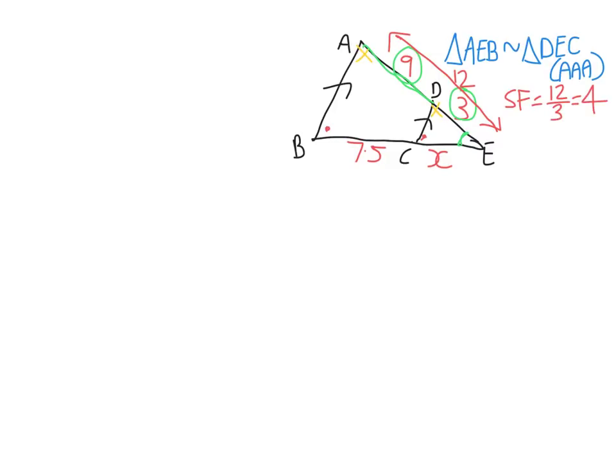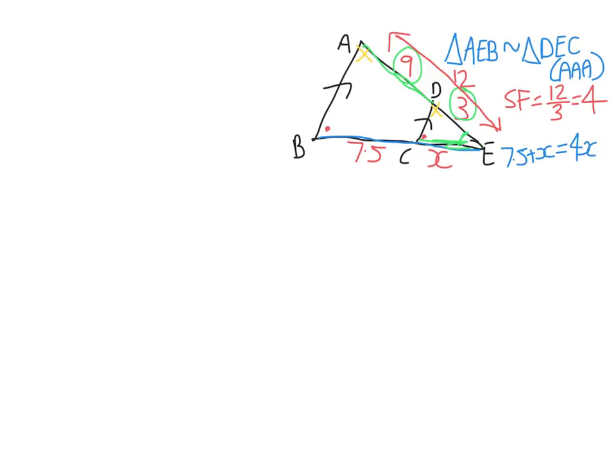So how would I find x? Well, we know that this side here, which is 7.5 plus x, must be 4 times this side here, which is just x. We know it has to be 4 times that because the scale factor is 4.